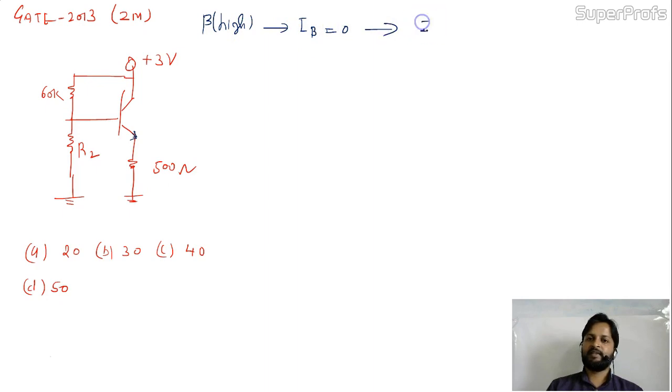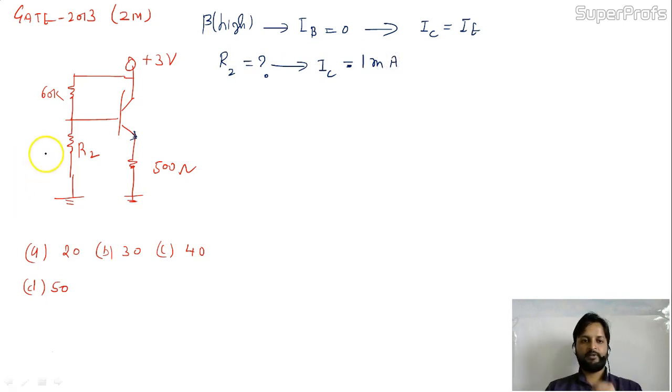It means IC is equal to IE. By default we have to consider it. Forget about IB when beta is high. Is it okay? So what they're asking is the required value of R2 to produce IC equal to 1 milliampere.